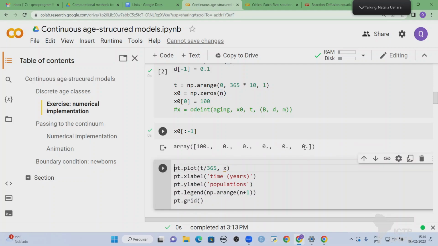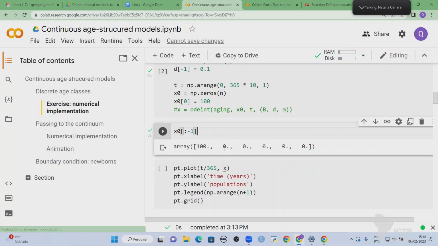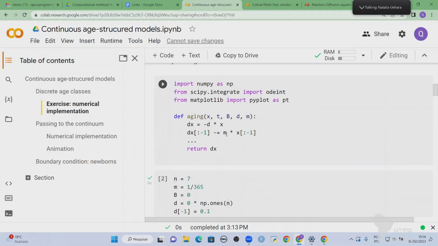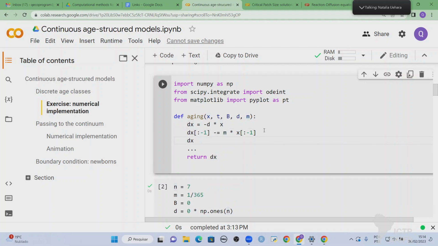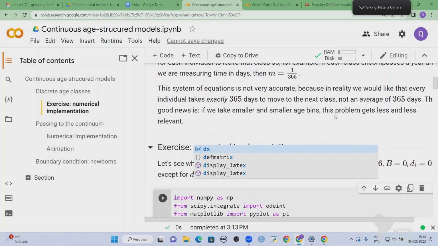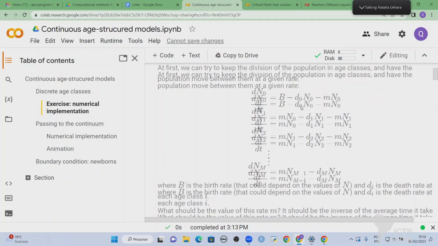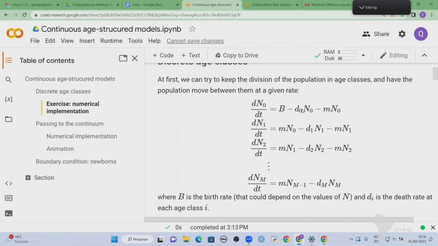It's not 7. I excluded the last one. So I subtract m times x for all of the equations, and now I want to sum to all of the equations except for the first one. Except for the first one, I'm going to sum m times the previous one.